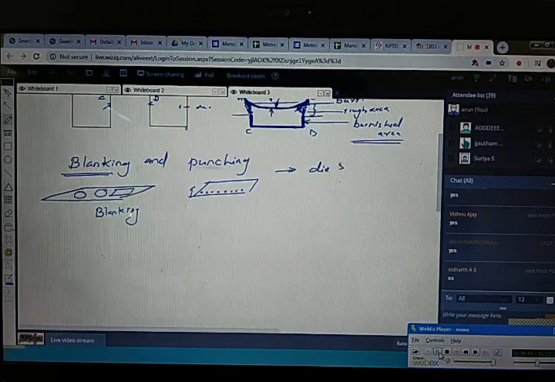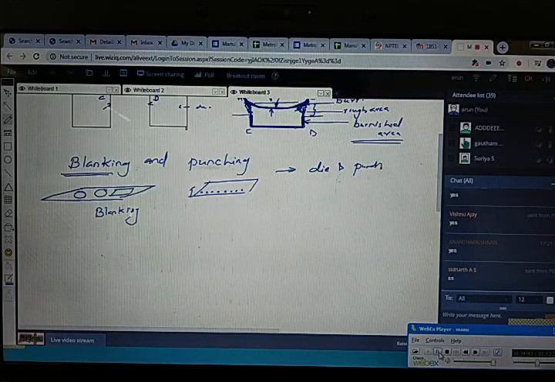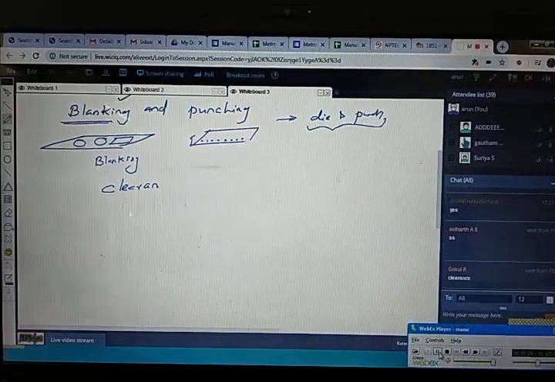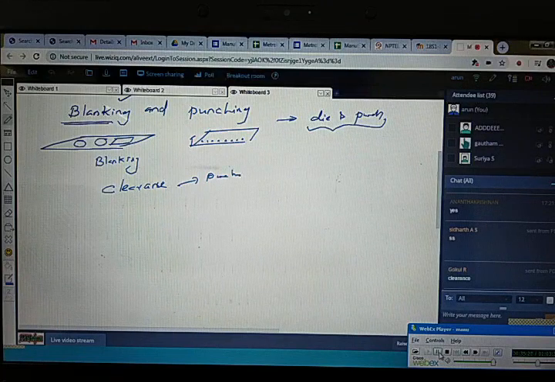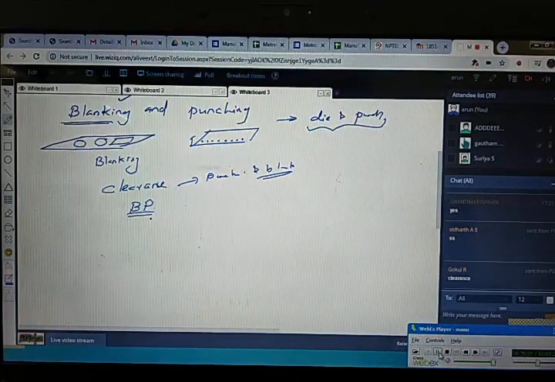Okay. So what is another difference? That is in the case of die and punch. The clearance between the die and the punch differentiates blanking and punching. So in the case of the blanking operation, I give you a code, BP.